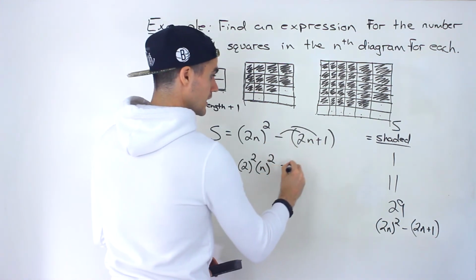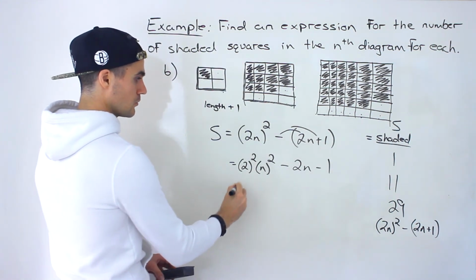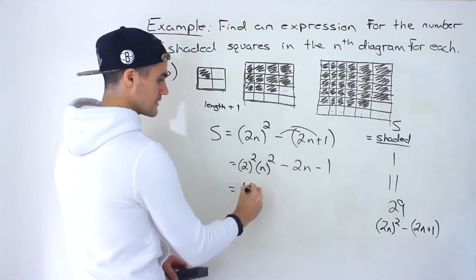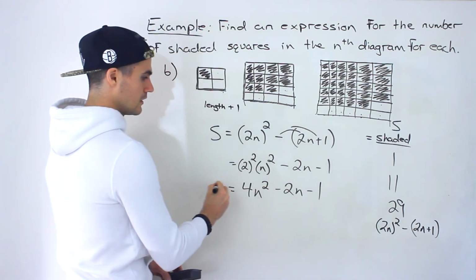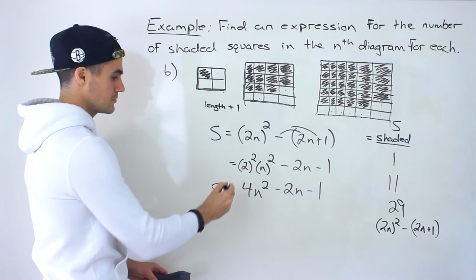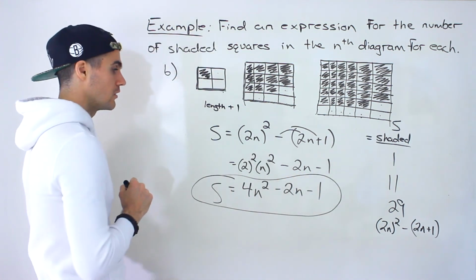Here we have to distribute the negative like that. So what would we get? 2 to the power 2 is 4, n squared minus 2n minus 1. And then there's no like terms to simplify. So that ends up being the final answer.